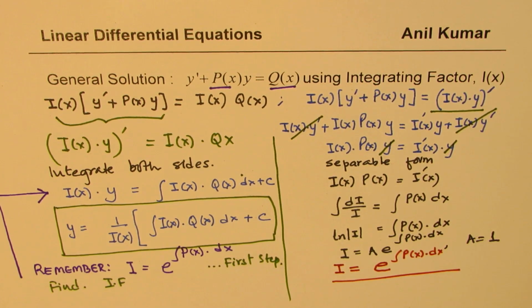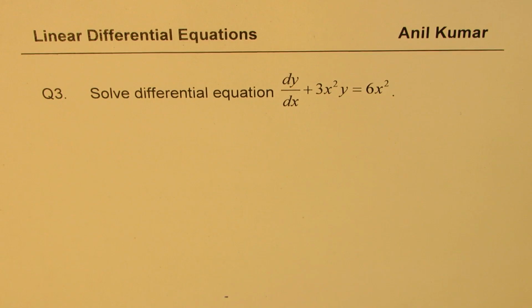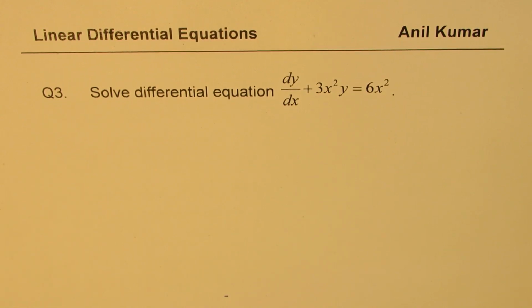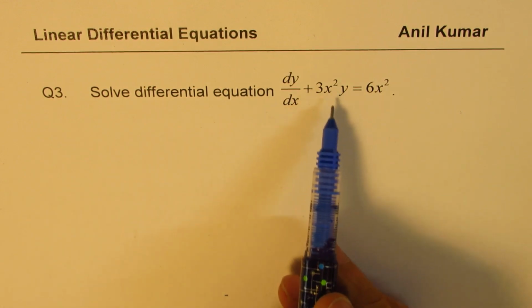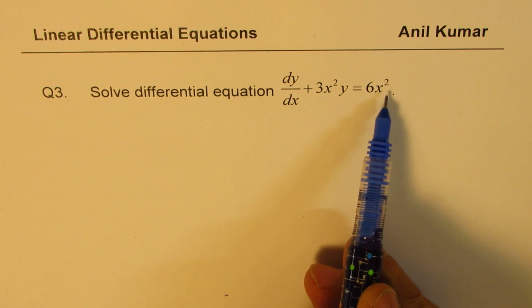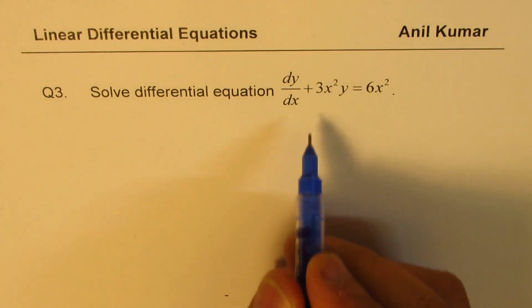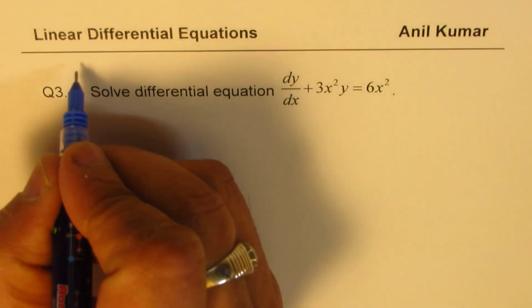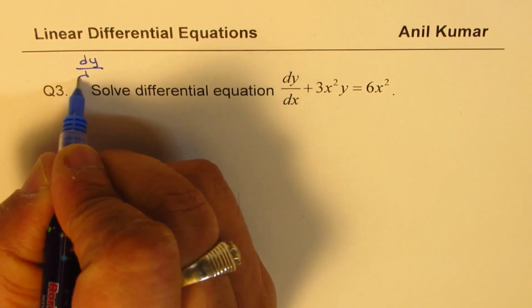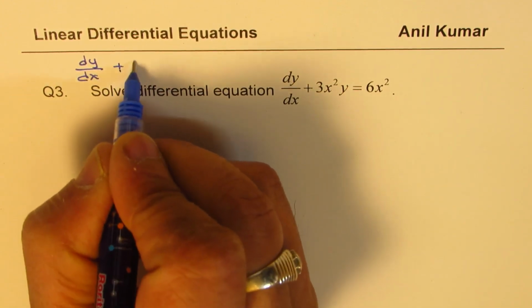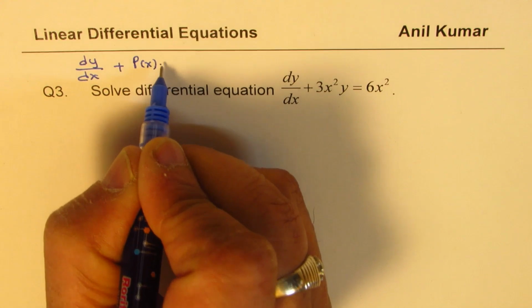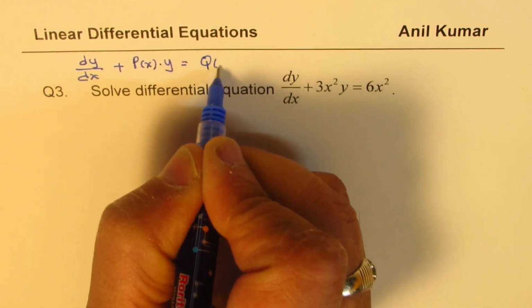Let's take up an example to illustrate. Now let's try to solve a differential equation from the strategy we have learned. Question number 3. Solve the differential equation dy/dx plus 3x squared y equals 6x squared. Now this equation is in the form of dy/dx plus p of x times y equals q of x, right?